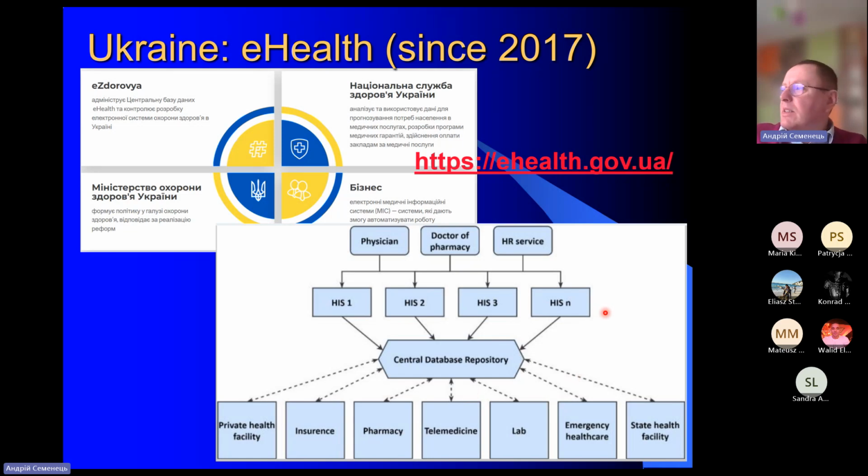So it's no longer necessary to make a new registration of the patient if they visit a new facility, because if they had visited at least a family doctor, their information will already be available in the system, and it's possible to get access to it, except in some emergency cases which happened during that time.